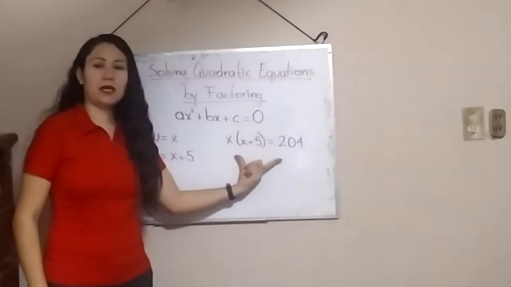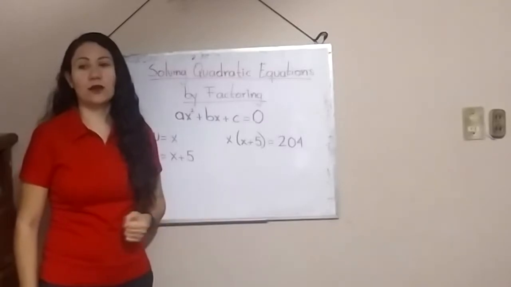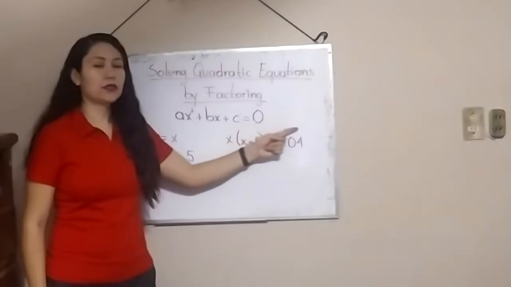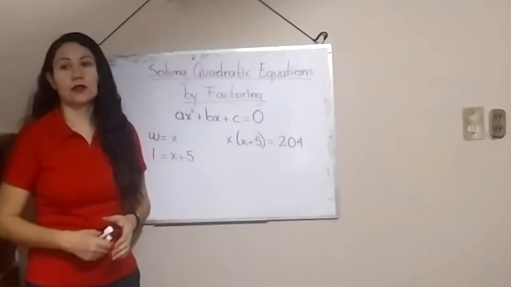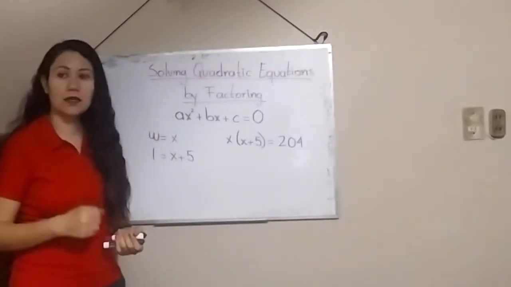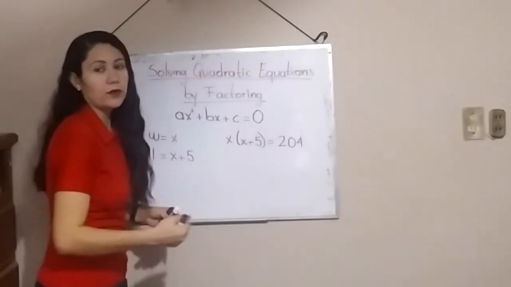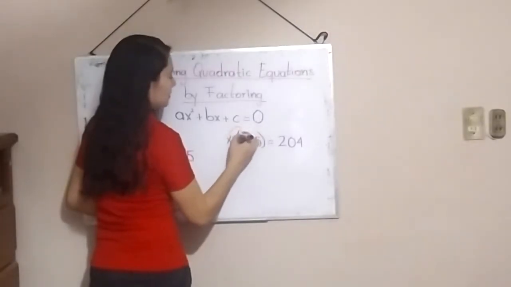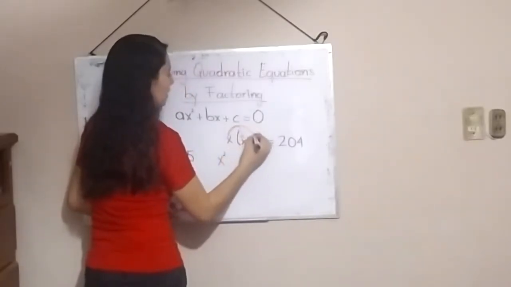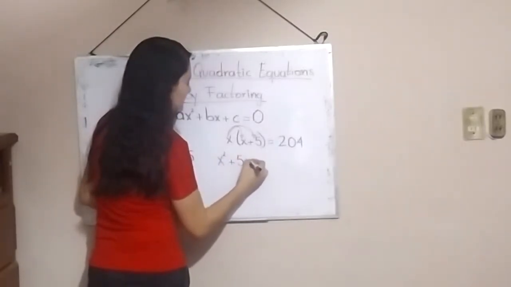It is asking us to find the dimensions. Can we find the dimensions if our equation is this way? No. Why? Because it's not equal to 0. So first we need to do this multiplication and then make it equal to 0. We multiply x times x gives us x squared. x times 5 is 5x.